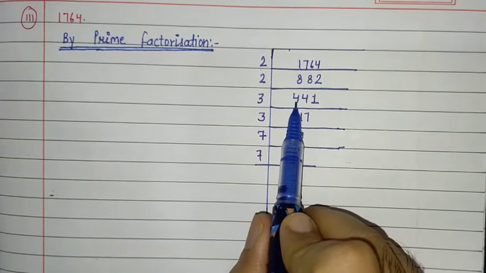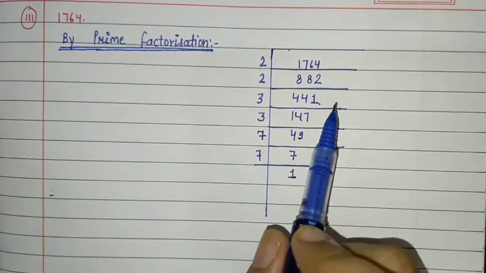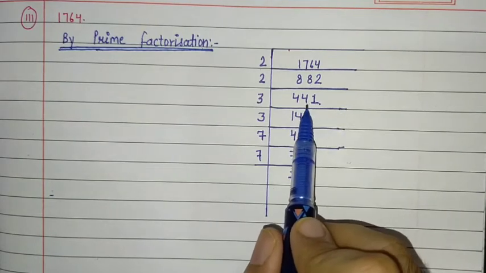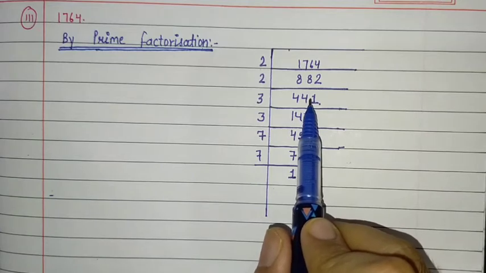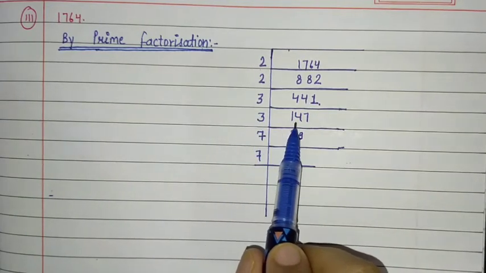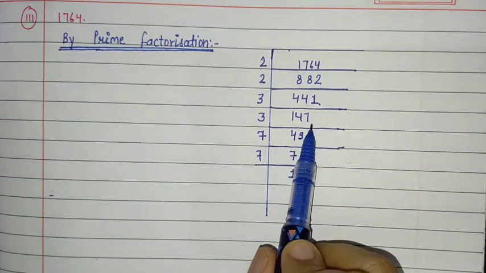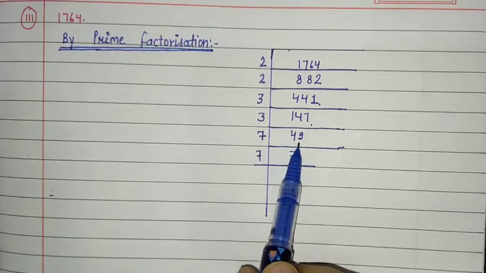Just add the digits: 4 and 4 is 8, 8 and 1 is 9. Because 9, the sum of the digits, is divisible by 3, this number is also divisible by 3. This is the rule of divisibility by 3. Divide with 3, you will get 147. Again with 3, 49.